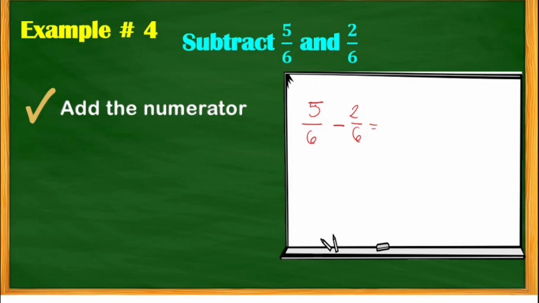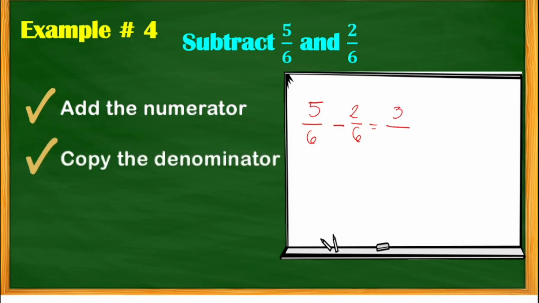Subtract the numerator. 5 minus 2, the answer is 3. And then the second step is copy the denominator, 6. Then 6 and 3 have a common factor of 3. 3 divided by 3 is 1. Then 6 divided by 3, the answer is 2. So the final answer is 1/2. Okay.